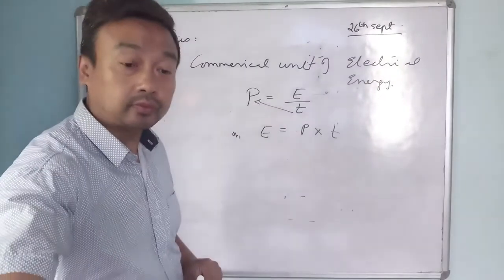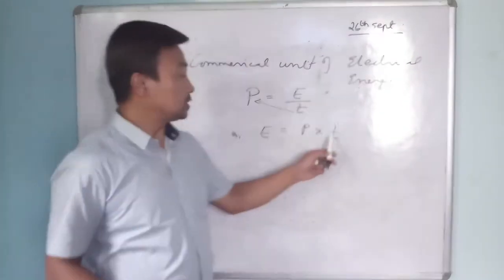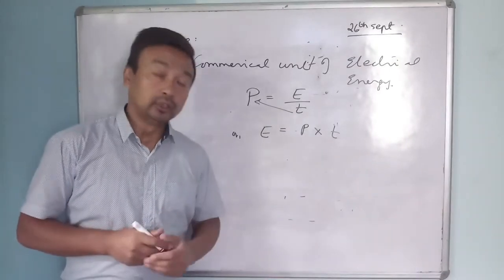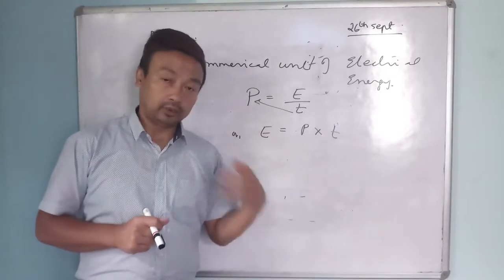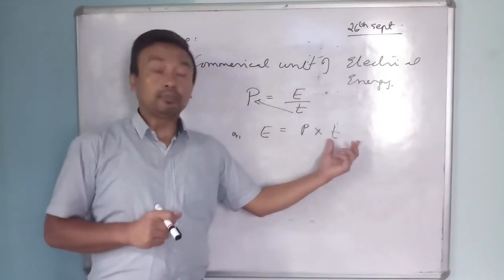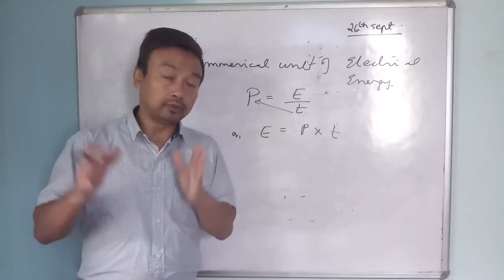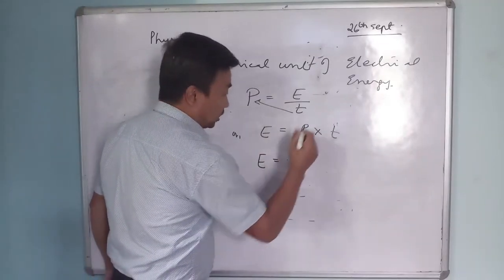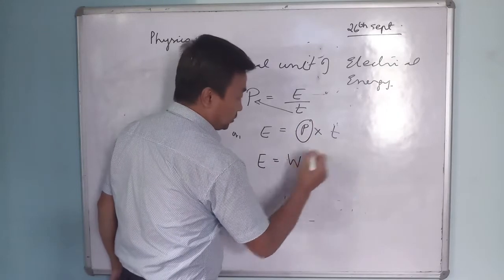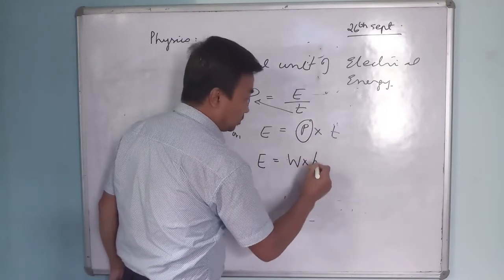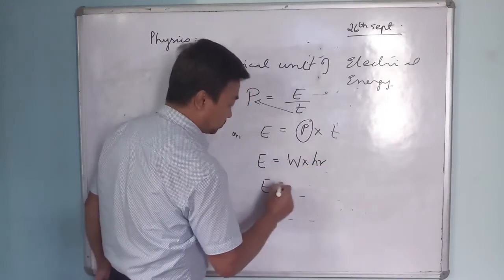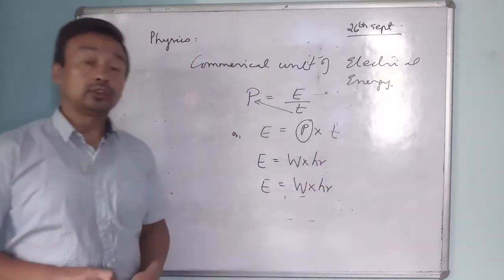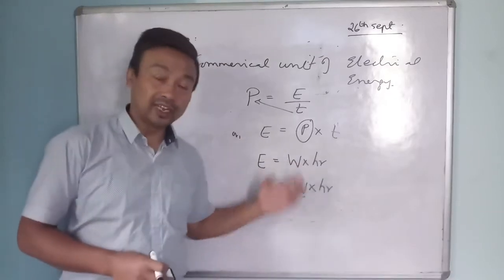Now here, this time will be expressed in terms of hour, because we cannot use the time in second. These appliances consume energy over a period of time, and that time is taken in terms of hour. Therefore, the unit of power is watt, the unit of time is hour, so watt hour is the commercial unit of electrical energy.